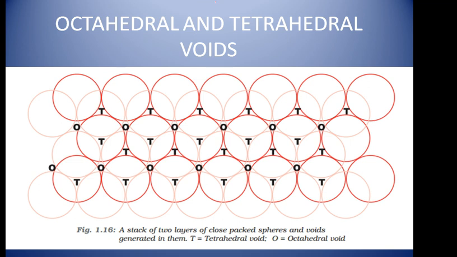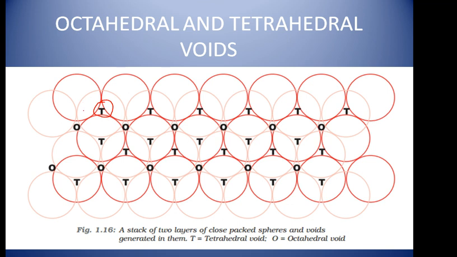Octahedral and tetrahedral voids. You see this one, the light red layer is the first layer, and the deep red one is the second layer. When you put this, this is a type of void known as tetrahedral void. Tetrahedral void means one atom in one layer, and above that three other atoms.